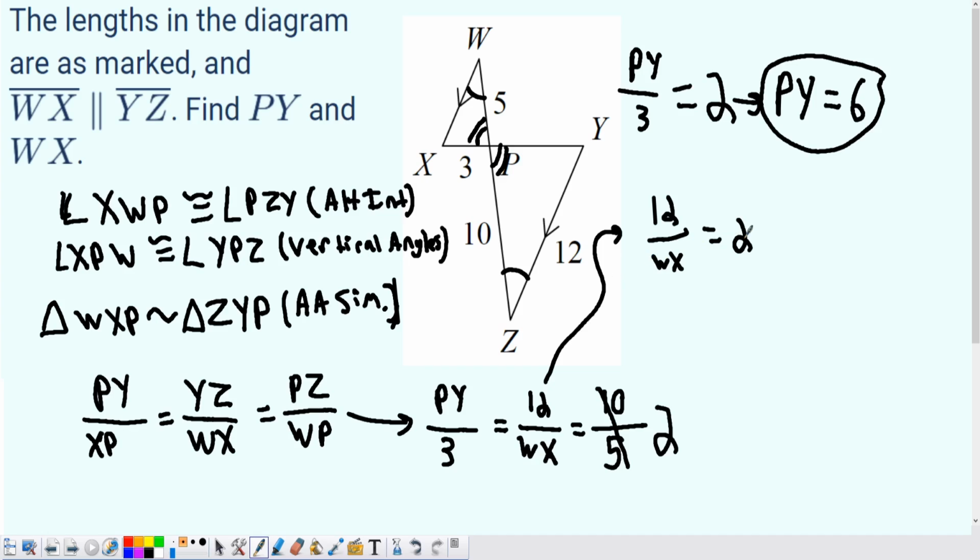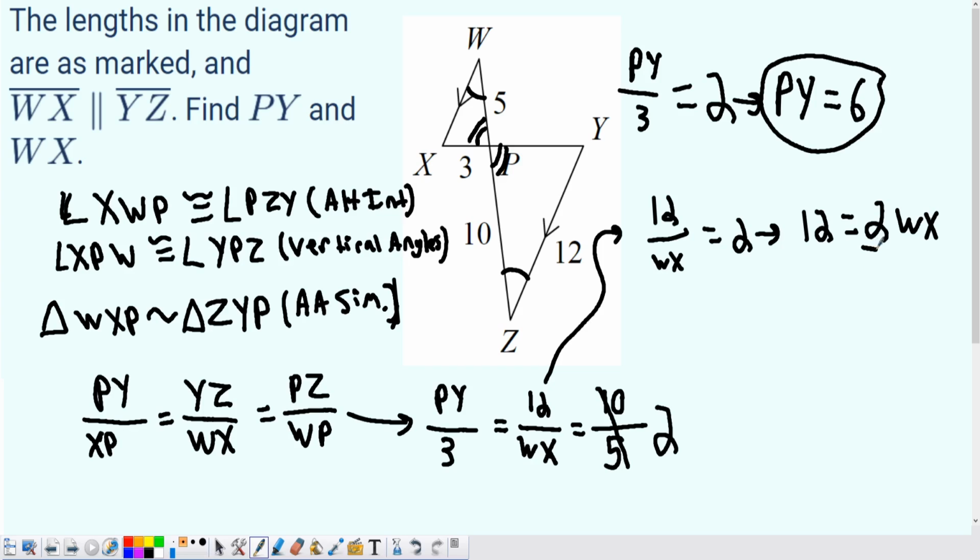Well, we're going to do a similar thing like we just did. We're going to multiply by the denominator. The denominator being WX. So I'm multiplying both sides by WX, which means I'm going to get 12 equals, well, 2 times WX is just 2 WX.